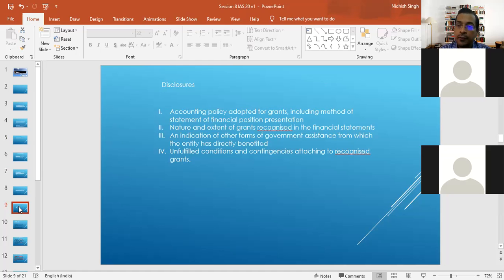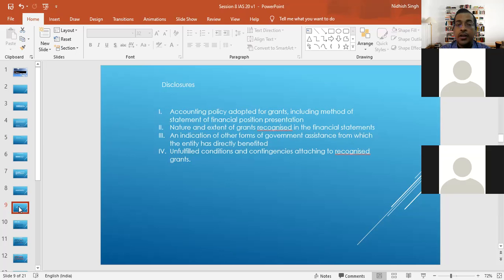How you want to reflect it, where, how you want to calculate it, what is your estimation of the government grant? Accounting policy and estimation, both governed by IAS 8, are required here. So you need to decide what is the useful economic life of that benefit the government has given, how long the government is going to give the benefits, and how you are going to quantify this. All the details should be explicitly mentioned as part of the disclosure notes of the financial statements.